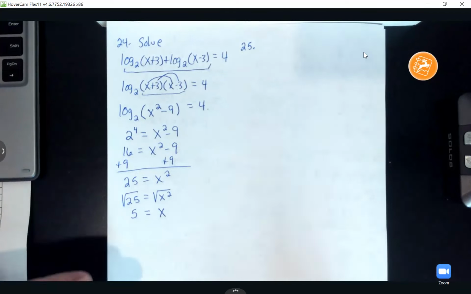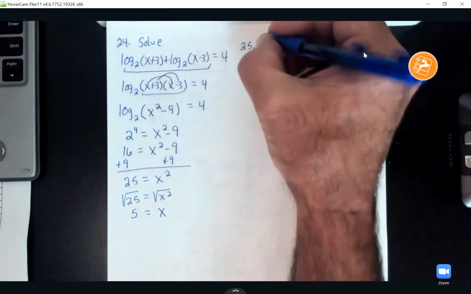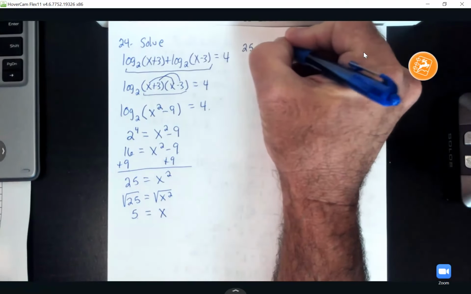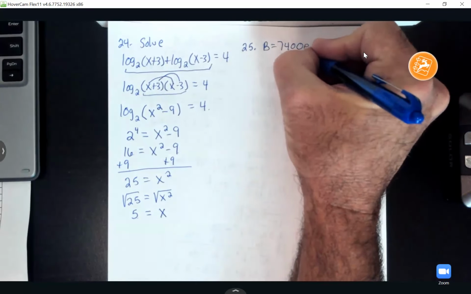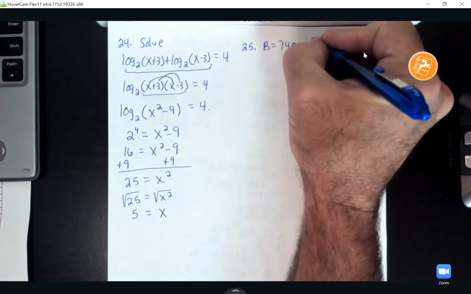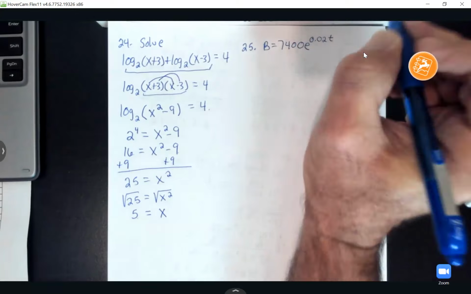All right, y'all, then the last one we got to worry about. And this one was another word problem. So let me get how that reads here. So the number of books in a small library increases according to the function B equals 7,400 times e to the 0.02t.